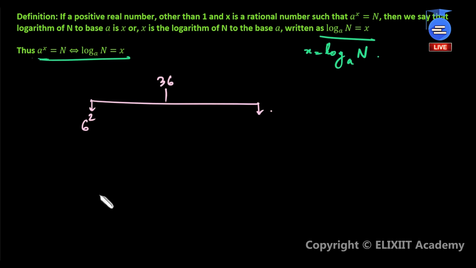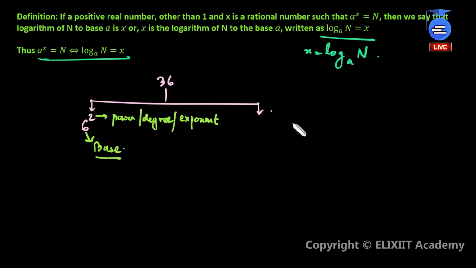What is 6 square? My whole square means whole to the power 2. This is the power, or some can call this the degree or the exponent. And this particular 6 is known as the base.